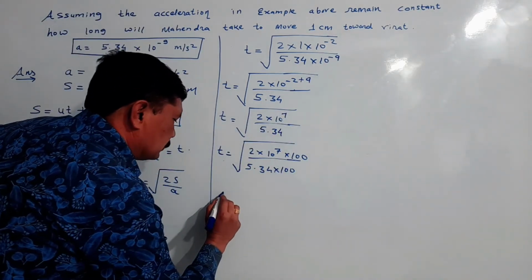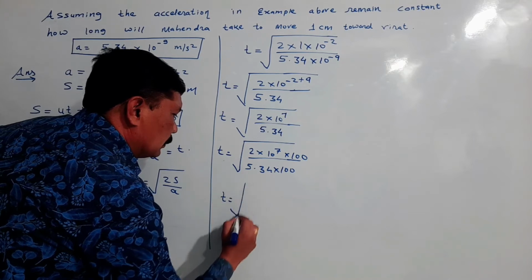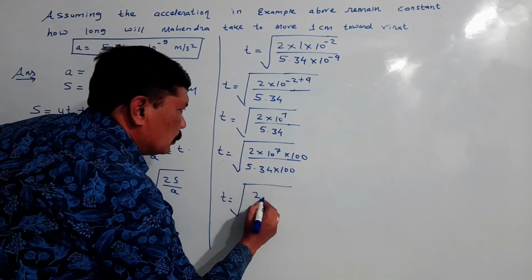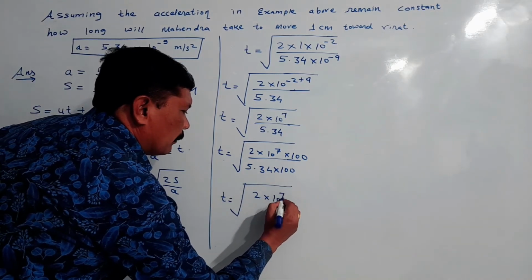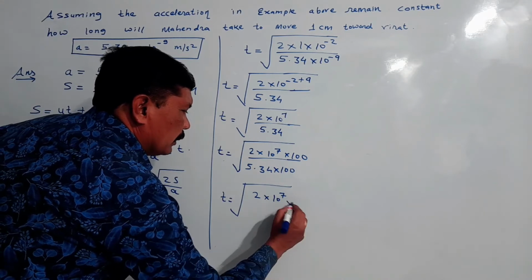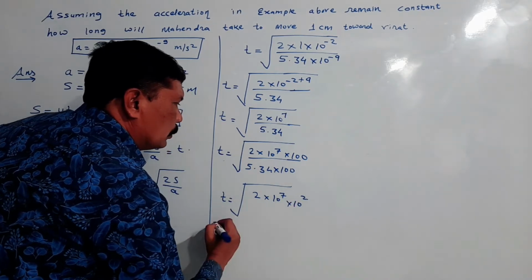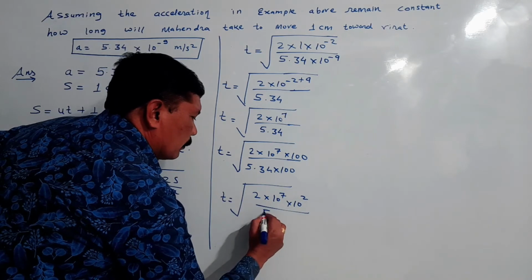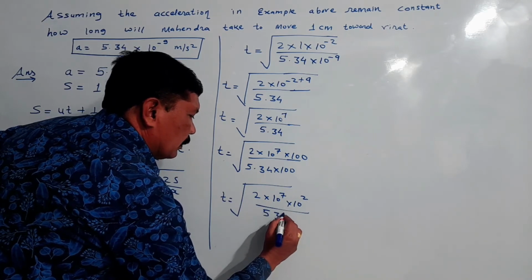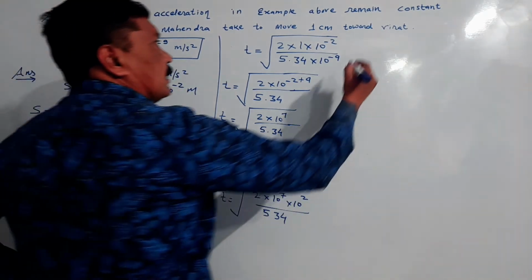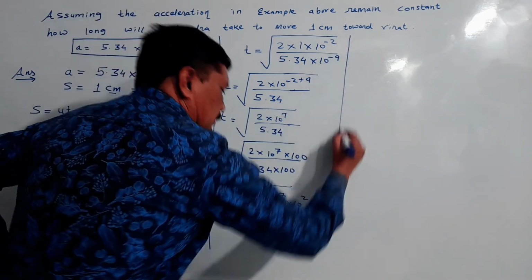So my dear student, t is equal to under root 2 into 10 to the power 7 into 10 to the power 2 upon 534 we can easily write.